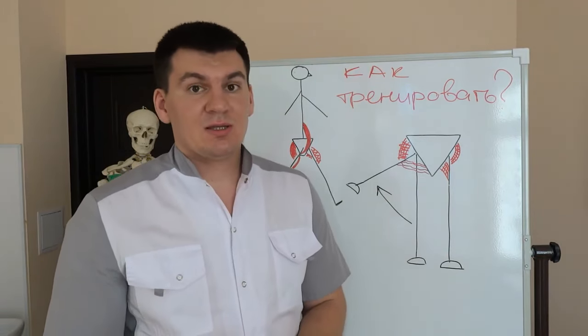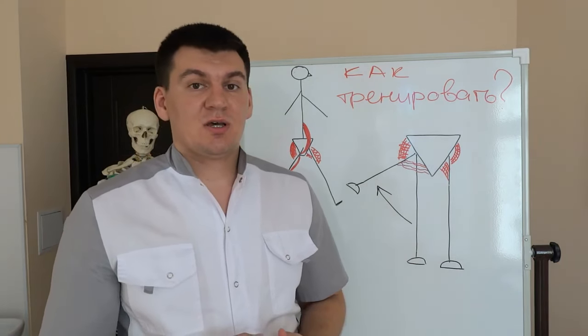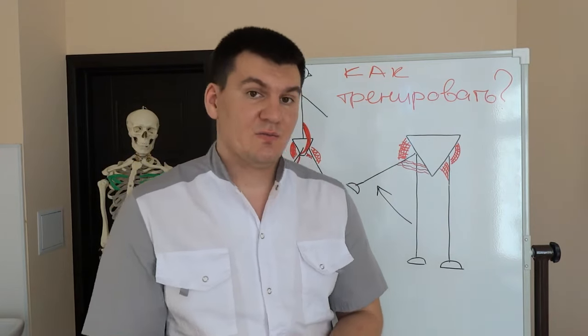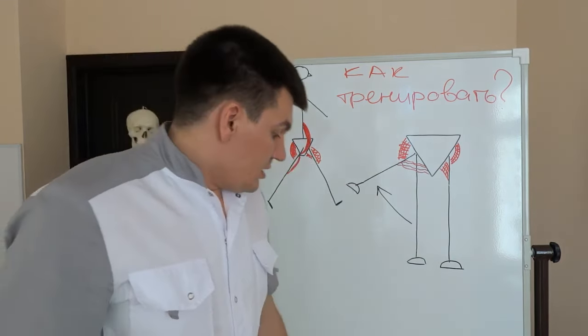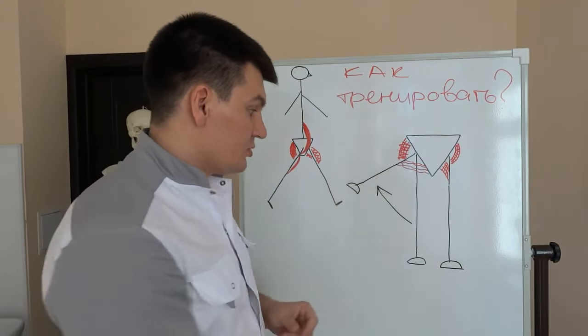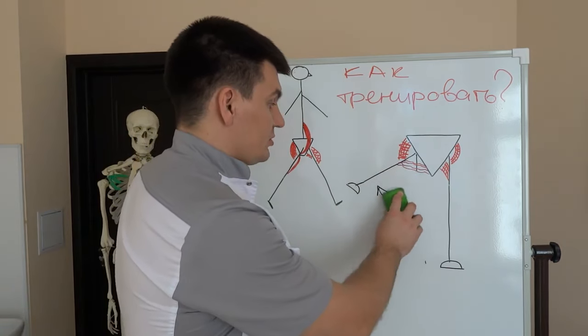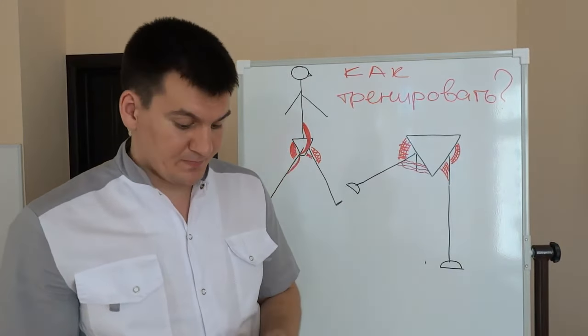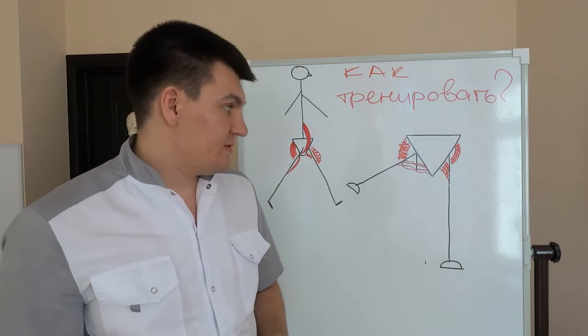Problems arise when this sequence is disrupted. What are the possible scenarios for this disruption? For instance, the muscle responsible for the movement, such as lifting the leg to the side, might be weakened. Specifically, the gluteus medius muscle could be too weak to perform this action.